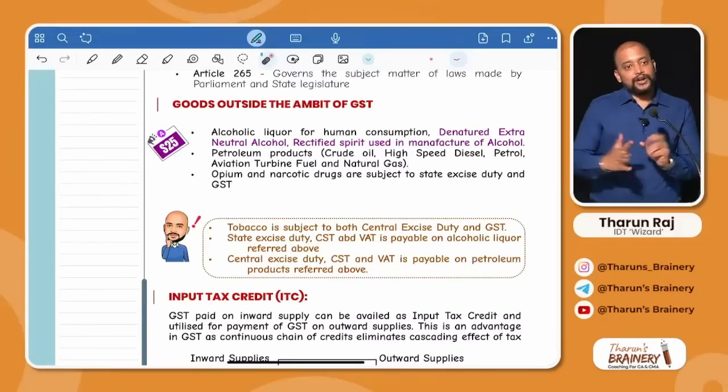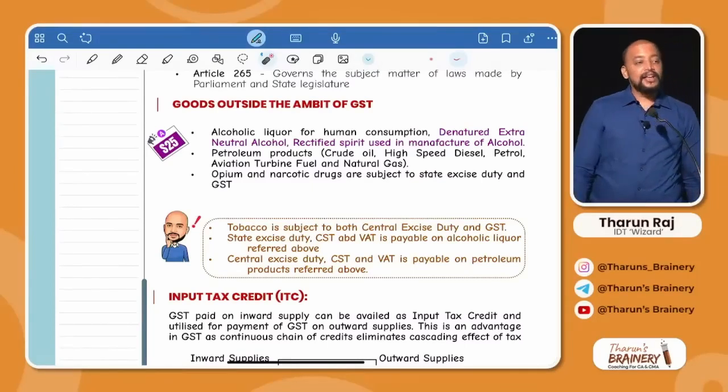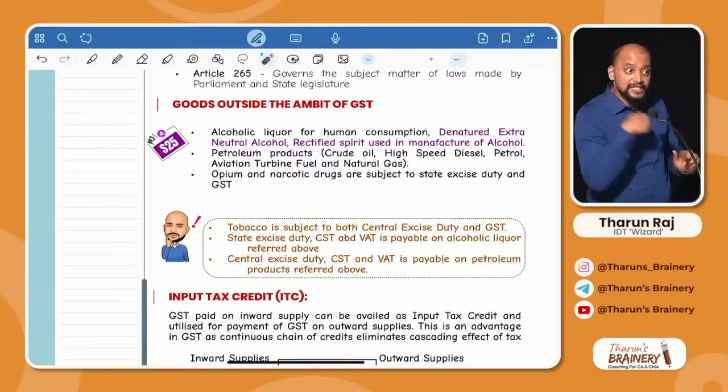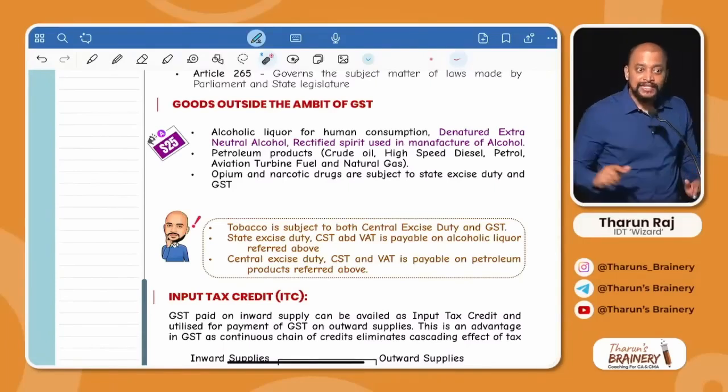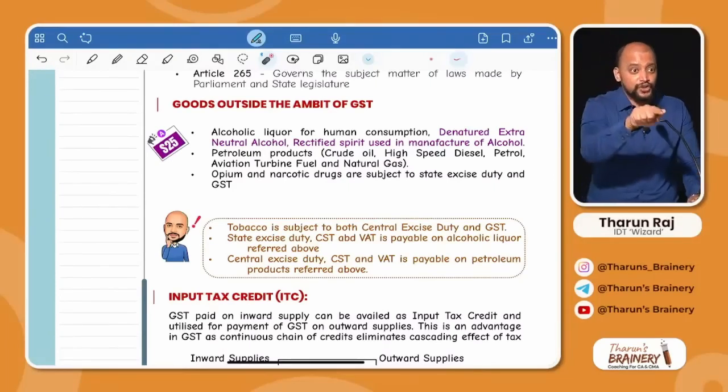Chargeable to GST or not chargeable to GST? Not chargeable to GST. That is for September 25 exam. For May 25 exam, chargeable to GST. That's why I am discussing this amendment with you. You understood? Even though this amendment is not applicable for you, if it comes in exam, you should know what to write, na?